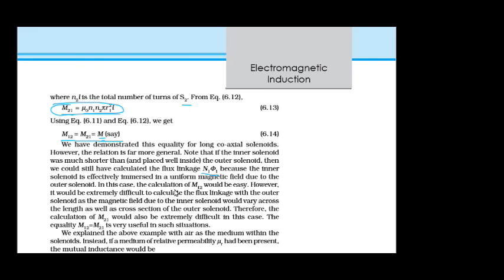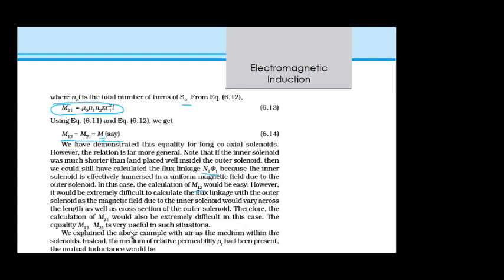In this case, the calculation of M12 would be easy. However, it would be extremely difficult to calculate the magnetic flux linkage with the outer solenoid, as the magnetic flux due to the inner solenoid varies across the length as well as the cross section of the outer solenoid. Therefore, the calculation of M21 would be extremely difficult in this case.